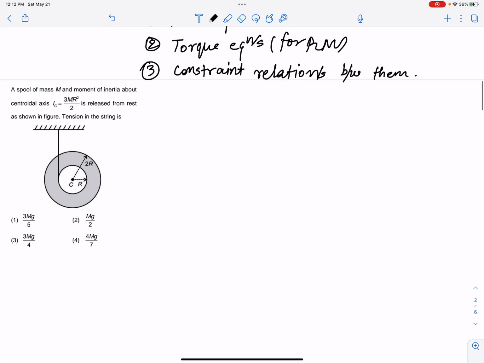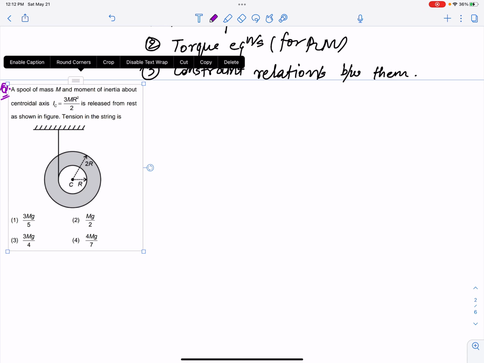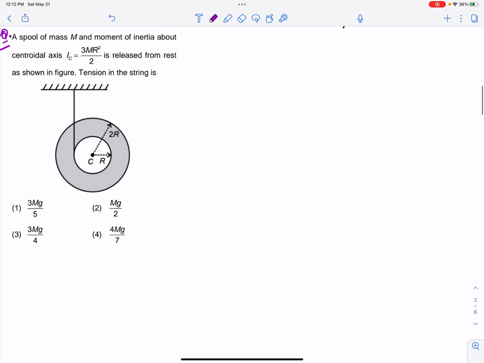Let's take this question. A spool of mass m and moment of inertia about centroidal axis IC = 3mr²/2 is released from rest as shown in the figure. We have to find the tension in this string, right? So see, if you release it from rest, it's going to move downward, rotating clockwise, right?